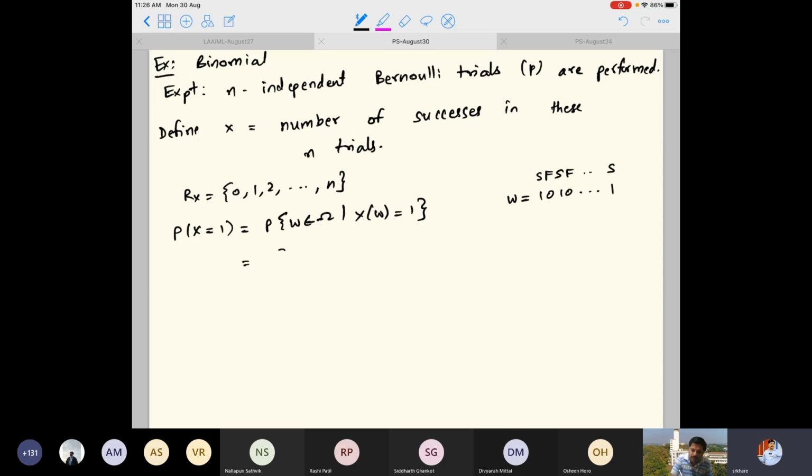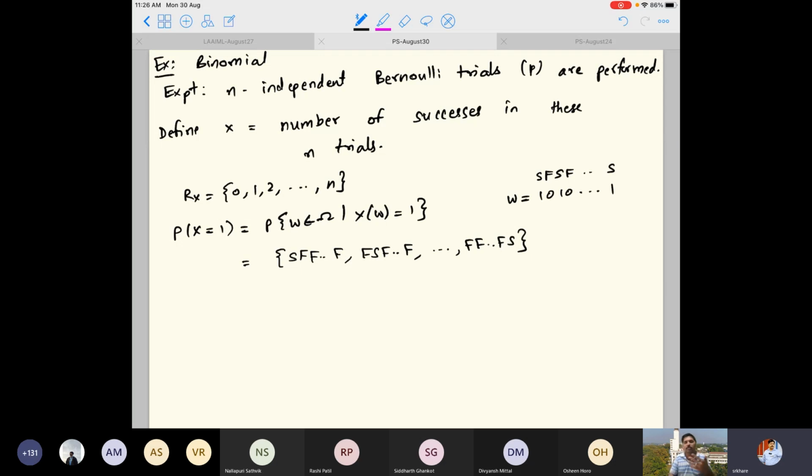So what are the type of elements that are present here? You have only one success, and all other n minus 1 places failure. So failure, success, failure, failure, and so on, failure, failure, failure, success, right? So how many elements are there in this particular set? There are n elements. And what is the probability?